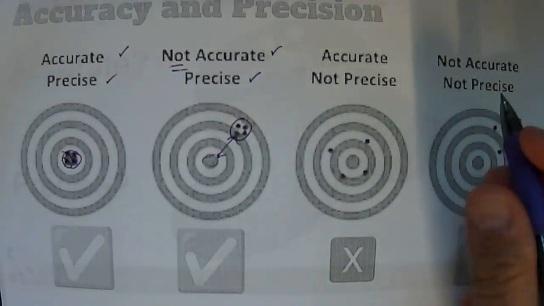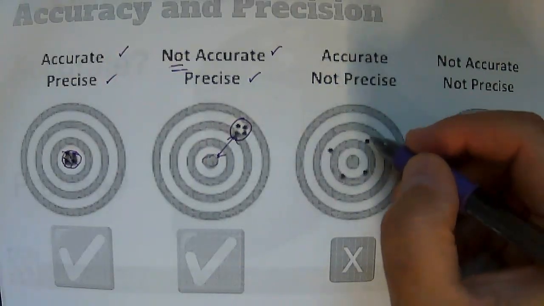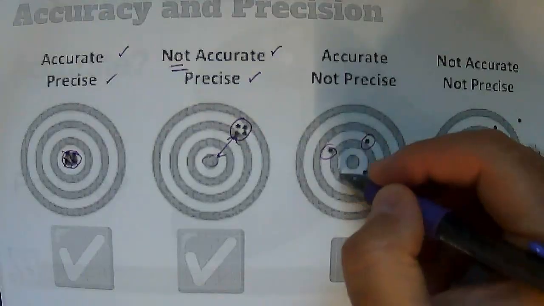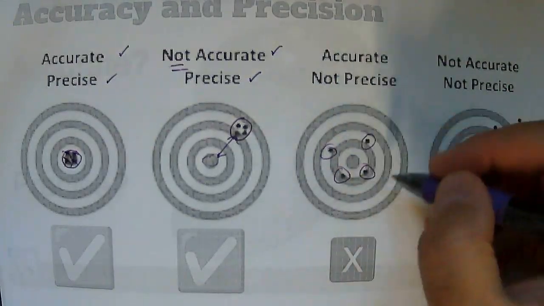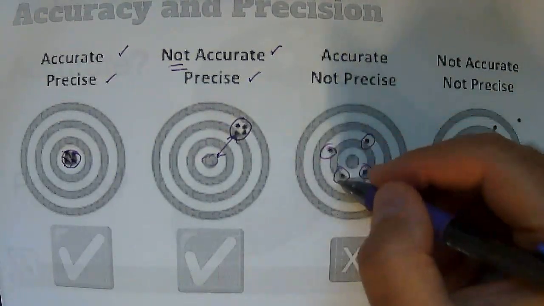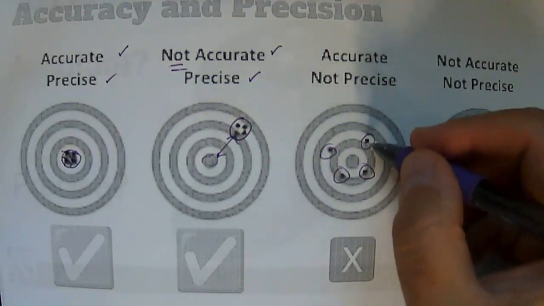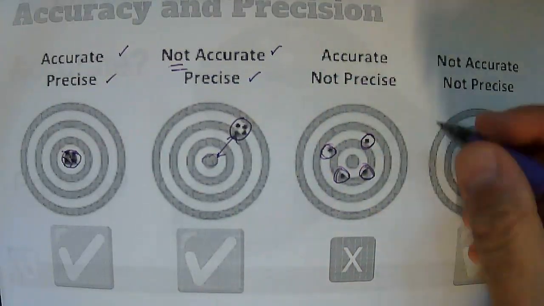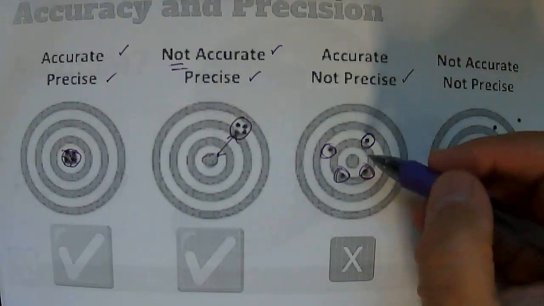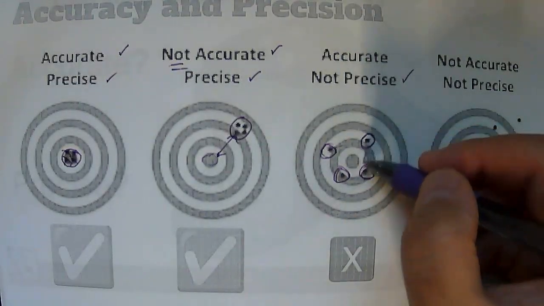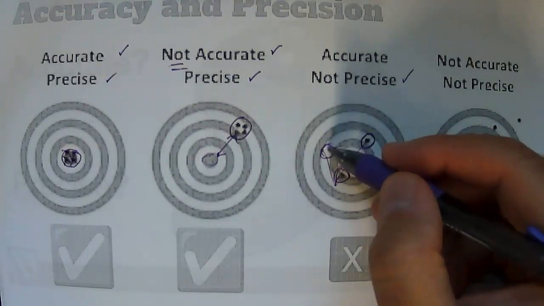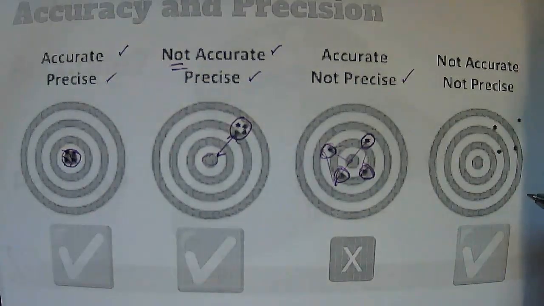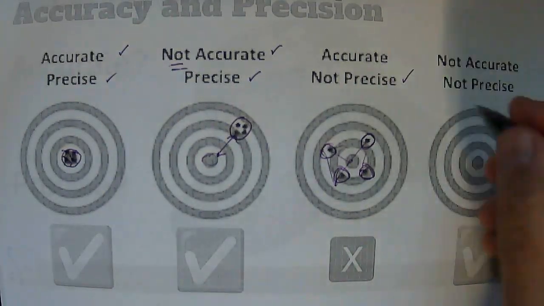Now the hardest one to figure out is this one. Notice that these are not precise. They are not grouped together. A small circle does not circle all of these things. So we have to take them separately. So they are not precise, but if you draw an average of where this falls, notice it falls into the bullseye.